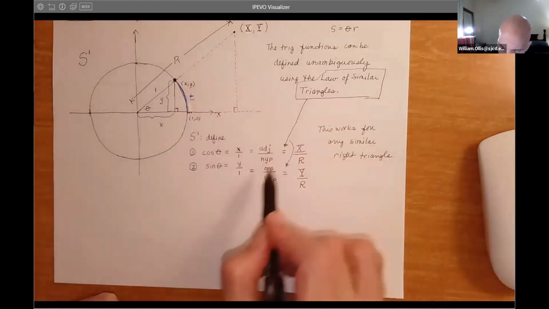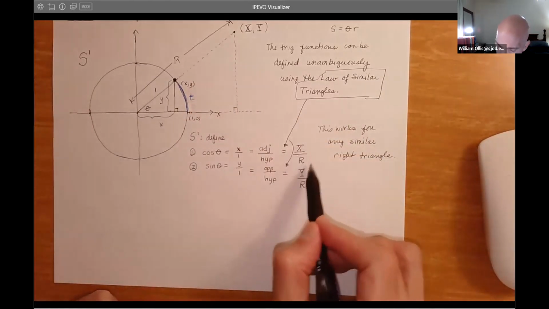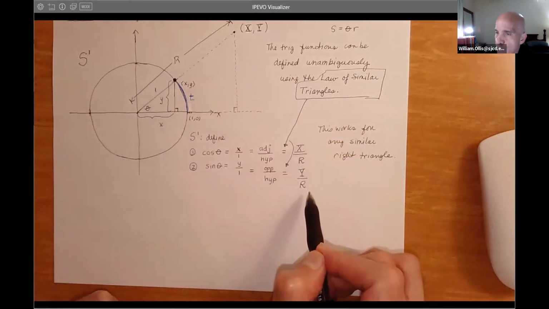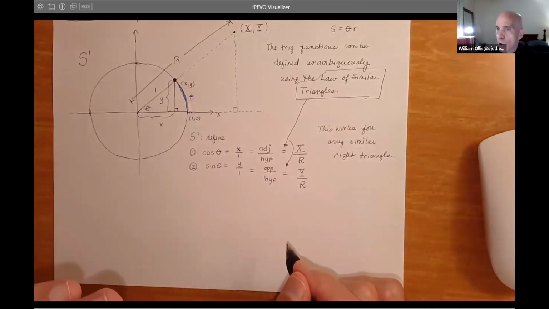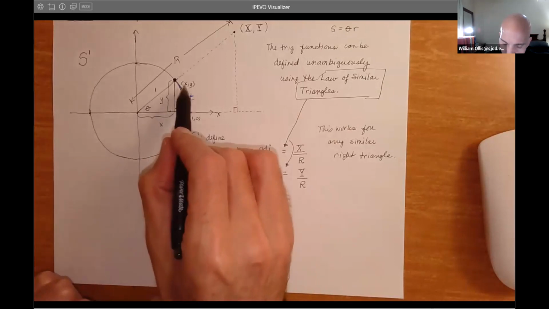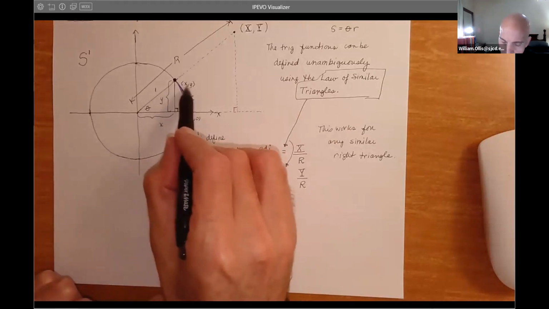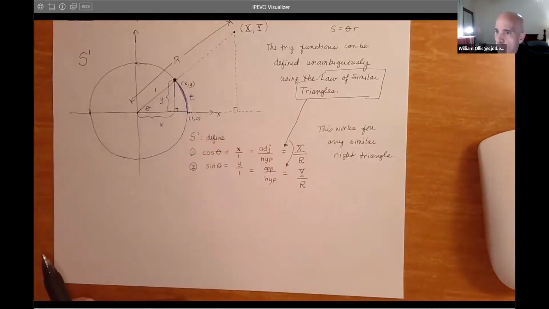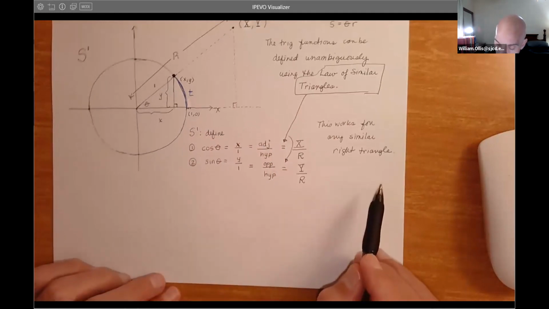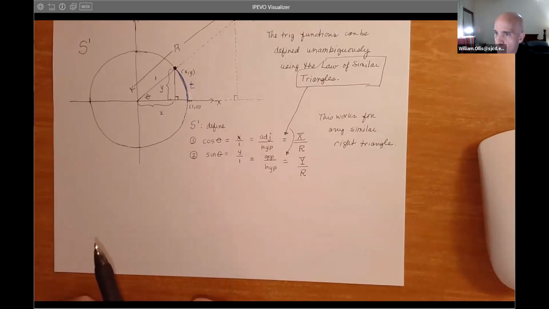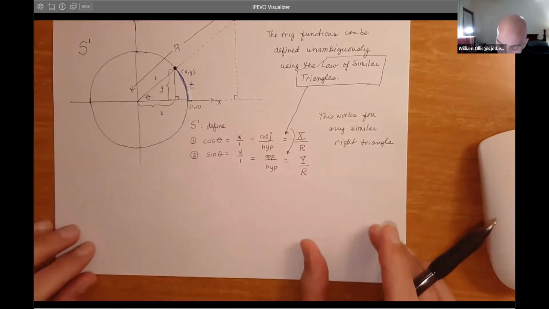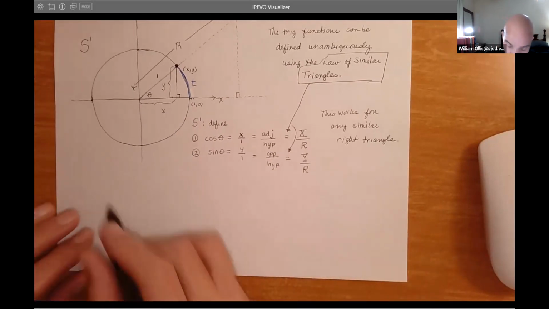Now, what I've done here, I've used the script X and the script R, which is fine. Normally, we'll just use a lowercase x and a lowercase r, but I didn't want to diverge from the notation that I had been using all along. And again, we'll relax this notation when we do examples, just because we're lazy. So what does that mean for the rest of them?